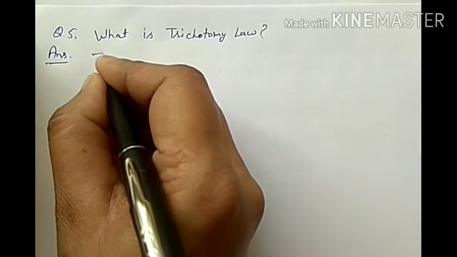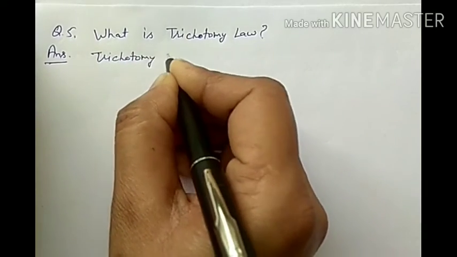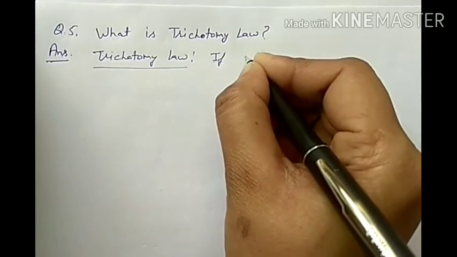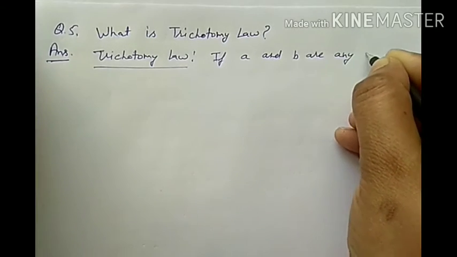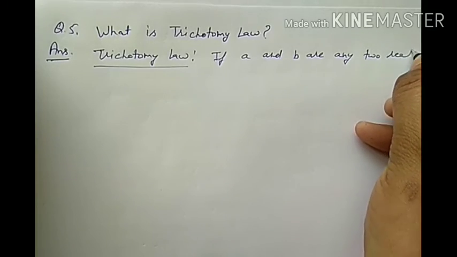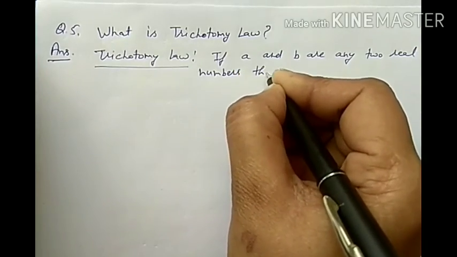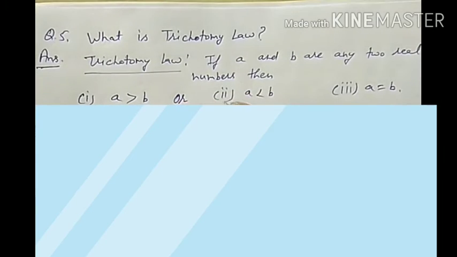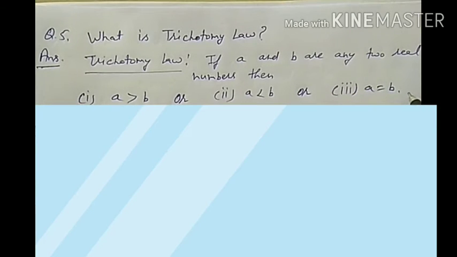Trichotomy law is, if we take A and B, two real numbers, if A and B are any two real numbers, then three cases will be there, three conditions: A greater than B, or second, A less than B, or A is equal to B. One of these conditions will hold.